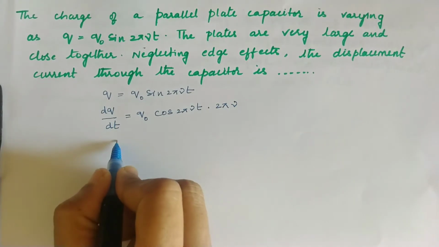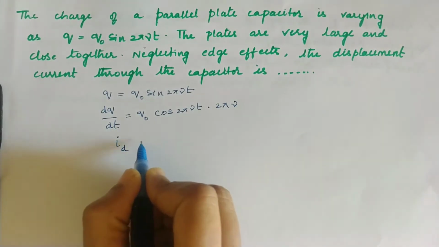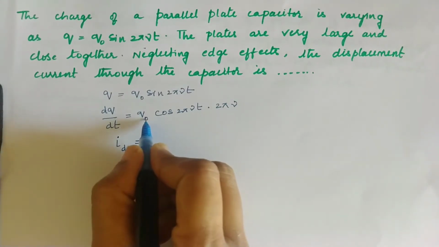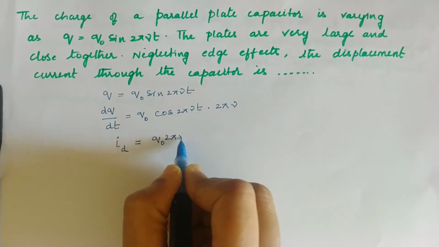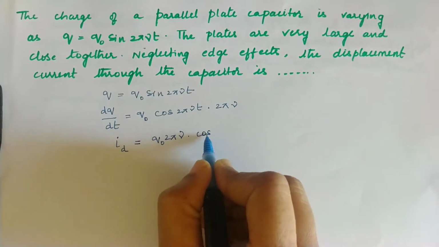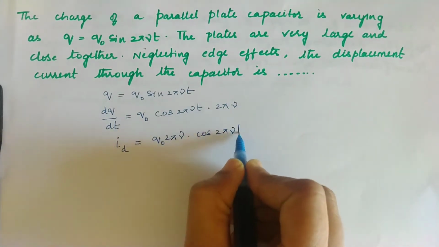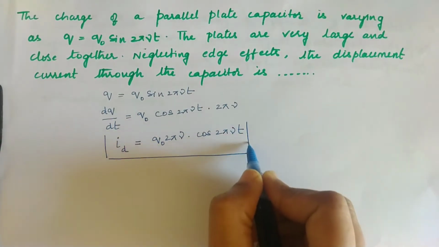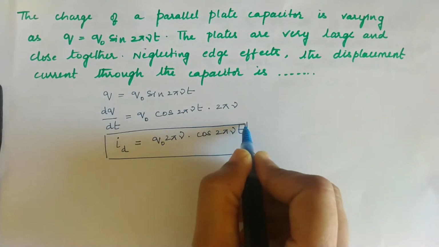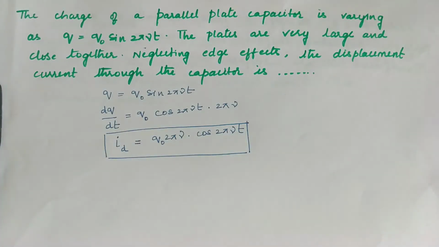So what is dq by dt called? Displacement current. Displacement current would be q naught nu into 2 pi into cos 2 pi nu into t. So this equation will give me the displacement current.